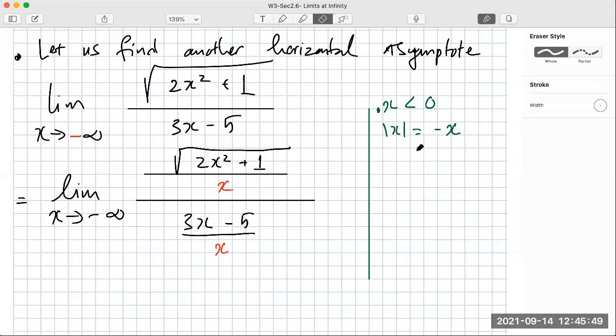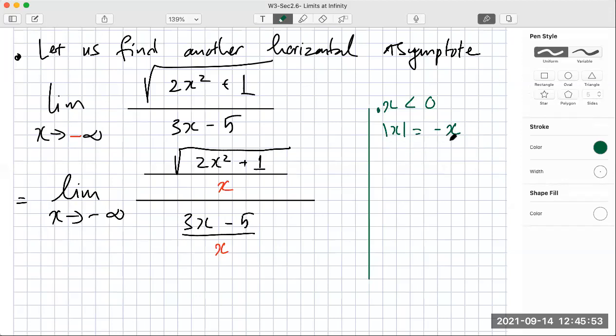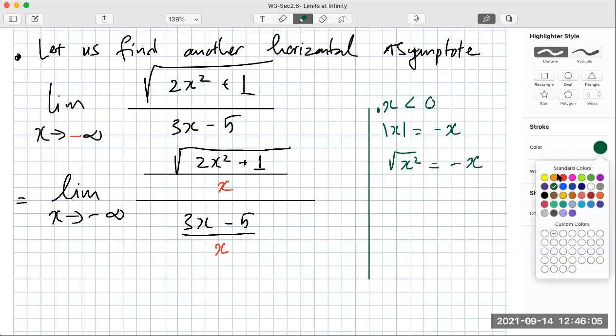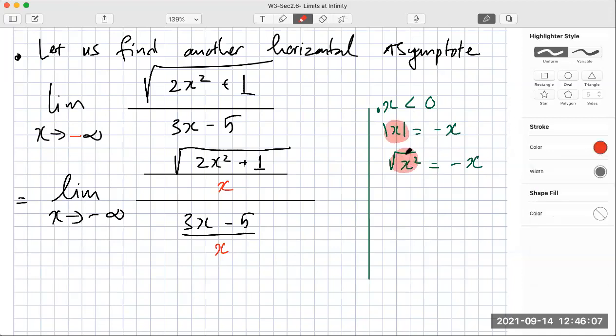We know this. What does it mean? If we write it here, the absolute value of x is the square root of x squared. Is it okay with you? Another way to write the absolute value of x. They are the same thing.